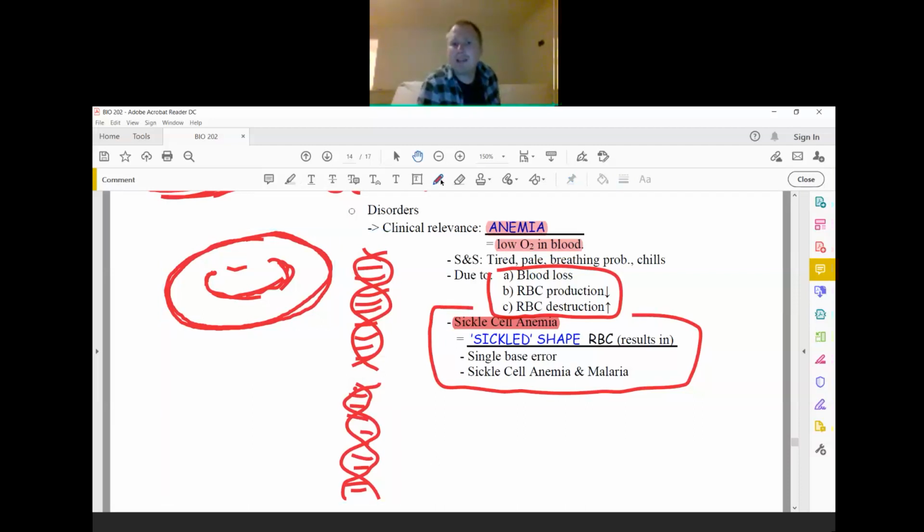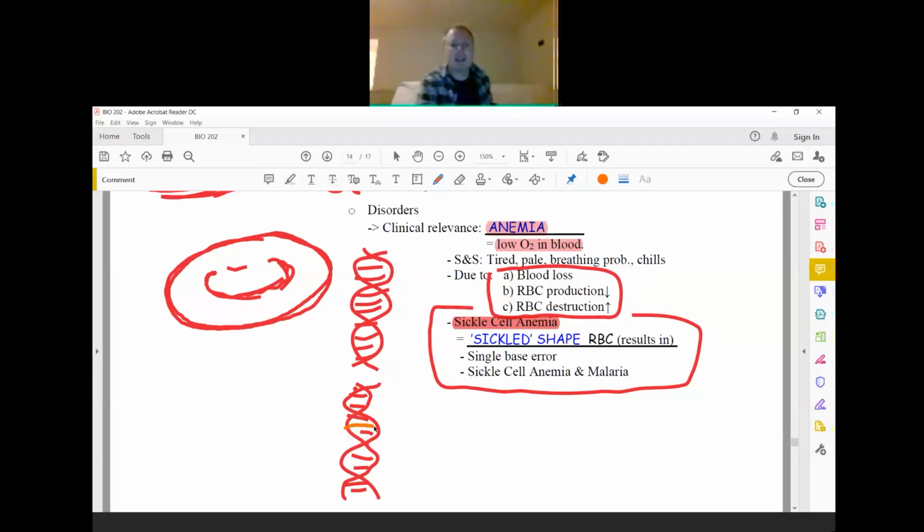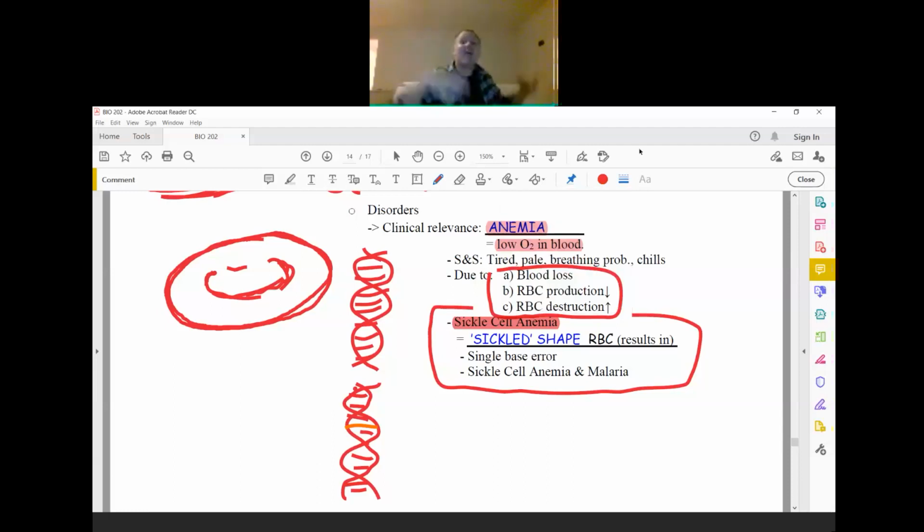So here we have one base that differs from before, and that causes, when we are synthesizing a protein based on this DNA strand, that protein to have one different amino acid from what we've seen before, and that causes the resulting protein and resulting red blood cell to take a totally different shape.